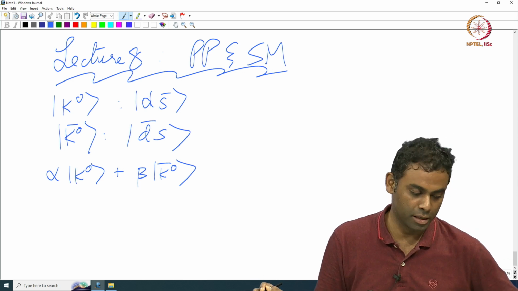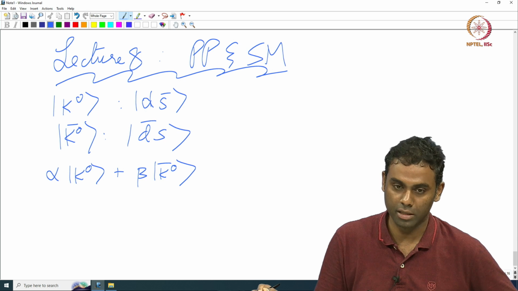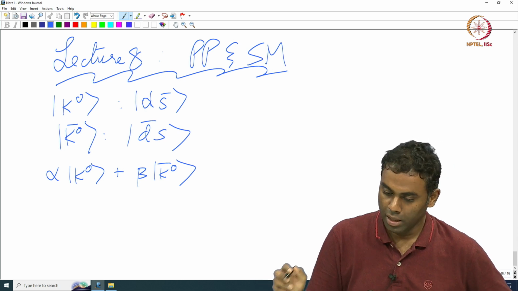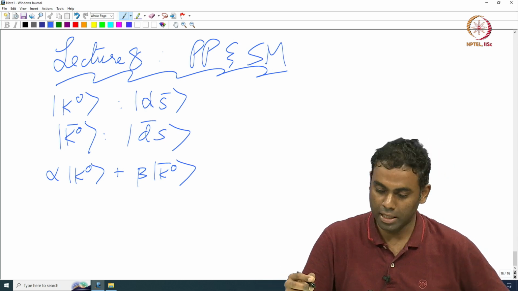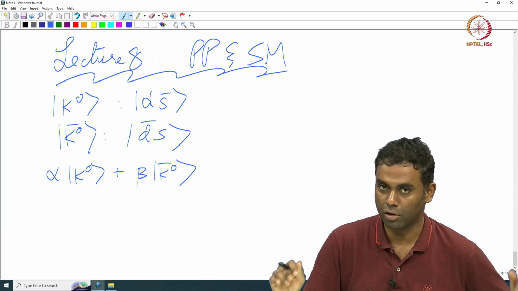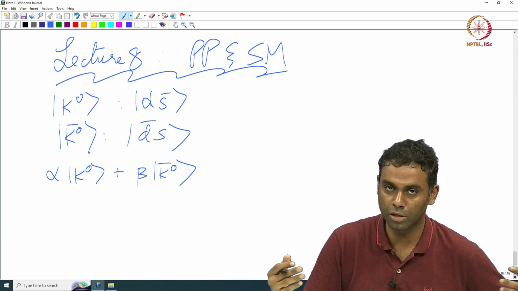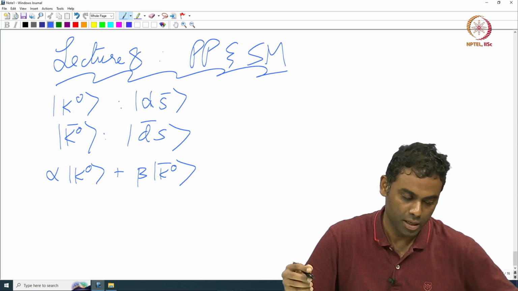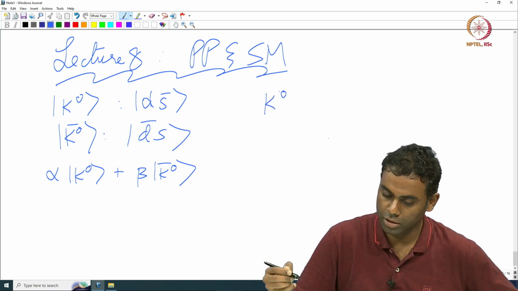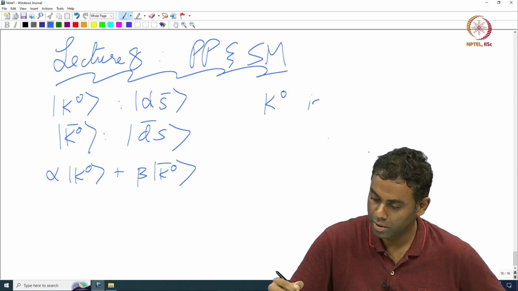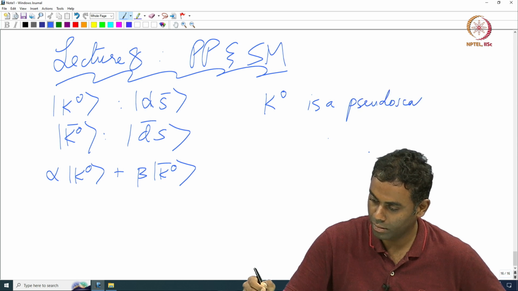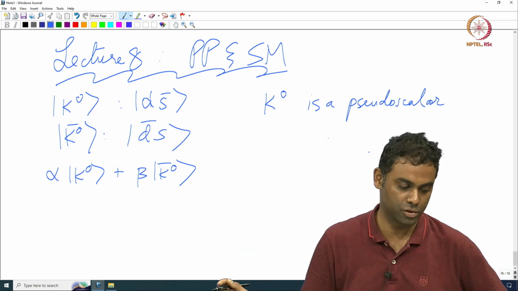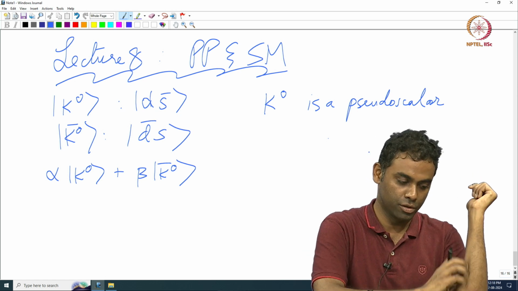Let us start thinking about what exactly we mean by this statement. First of all, as I said last time, this is a strange pion, right, that goes through for all the quantum numbers except for strangeness, and in particular it is known that K0 is a pseudo scalar just like the pion. Total S is 0, total L is 0, so it is a pseudo scalar.